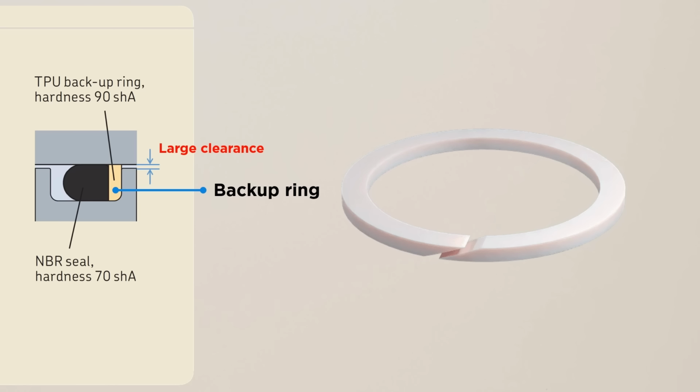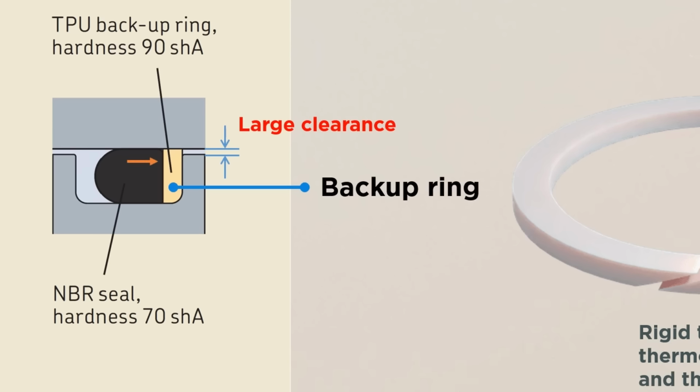Backup rings are just like a washer. They are made of hard plastic materials such as rigid thermoplastics, thermosets, and their composites, which resist seal extrusion in a large clearance. Therefore, when we use nitrile O-rings, which are softer, as a piston seal or a rod seal, they always require backup rings.